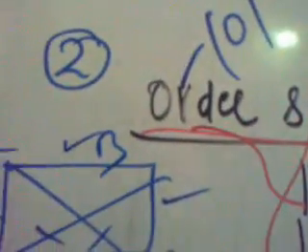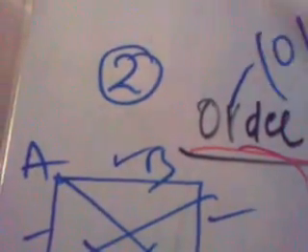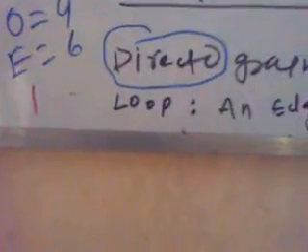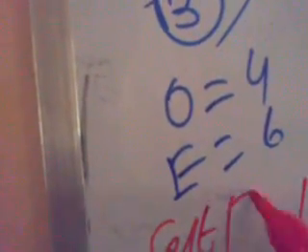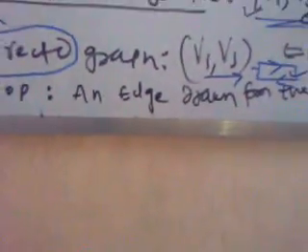Suppose this is the graph and this is the edge. So we can say that A has a loop, or self loop. Loop and self loop are both the same.